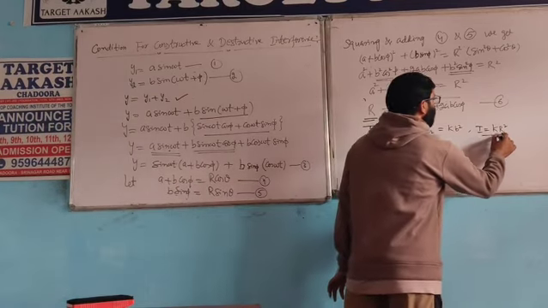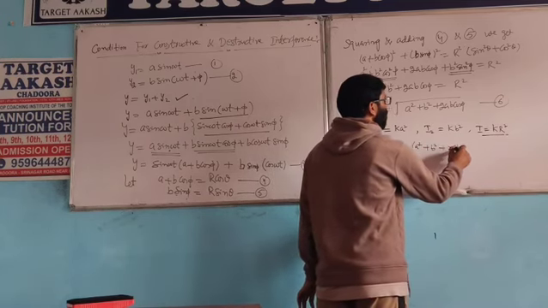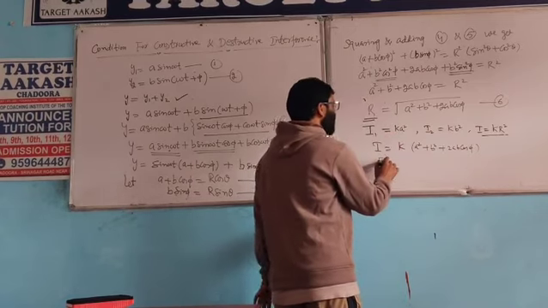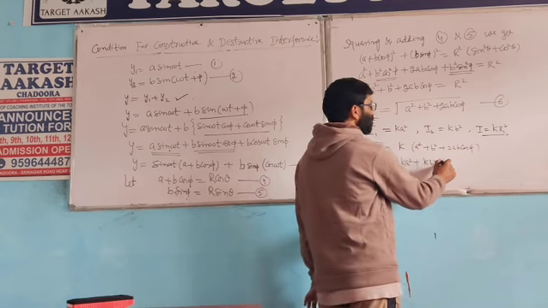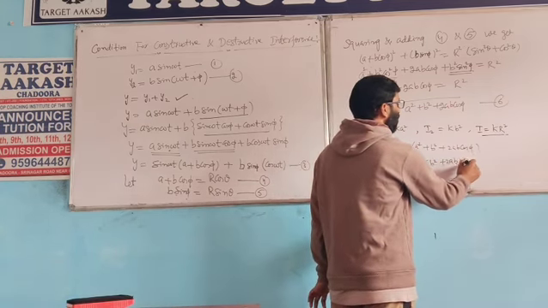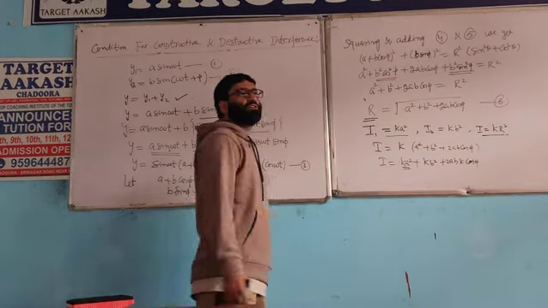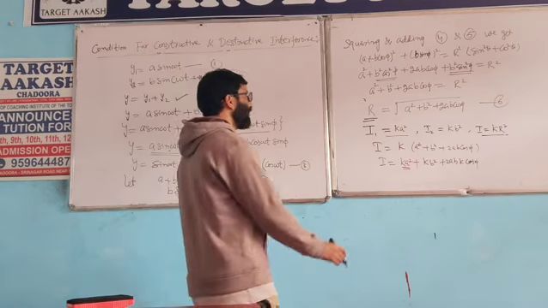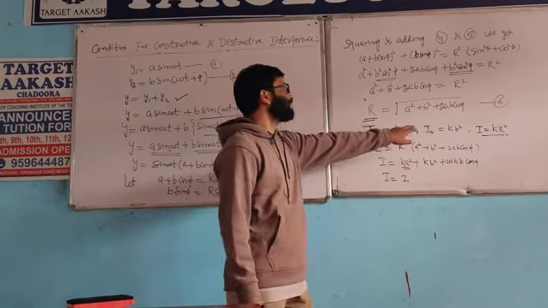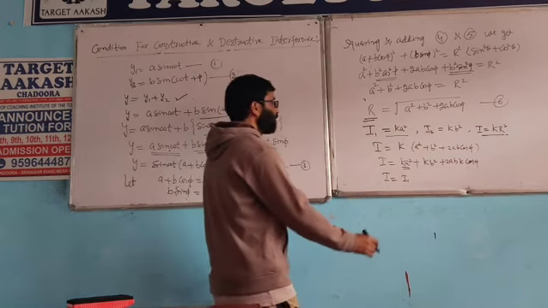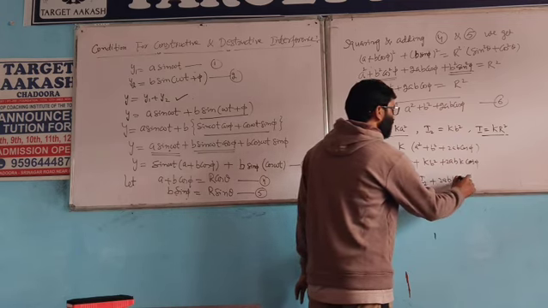Insert the value of R squared from equation 6: K times a squared plus b squared plus 2ab cos phi. So the intensity is K a squared plus K b squared plus 2ab K cos phi. Since K a squared is the intensity of wave y1, that is I1, K b squared is the intensity of wave y2, that is I2, and then 2ab K cos phi.